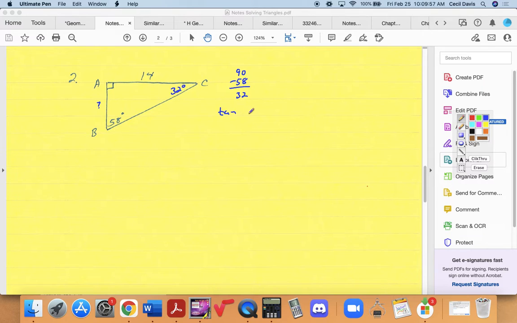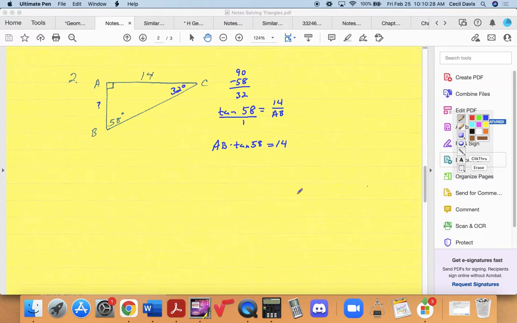So the tangent of 58 is equal to 14 over AB. Remember that we typically just put this over 1 and cross multiply, and we get AB times the tangent of 58 is equal to 14.